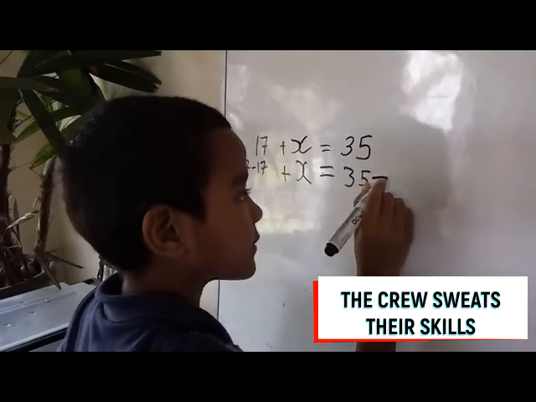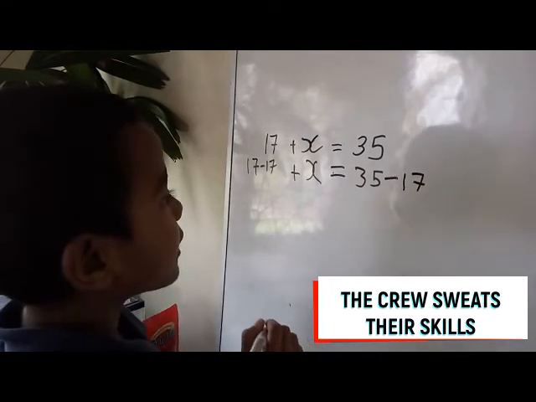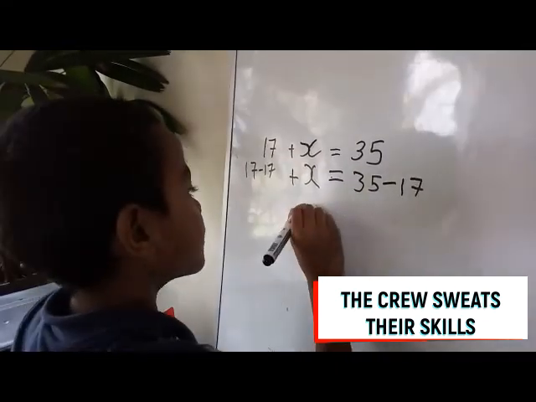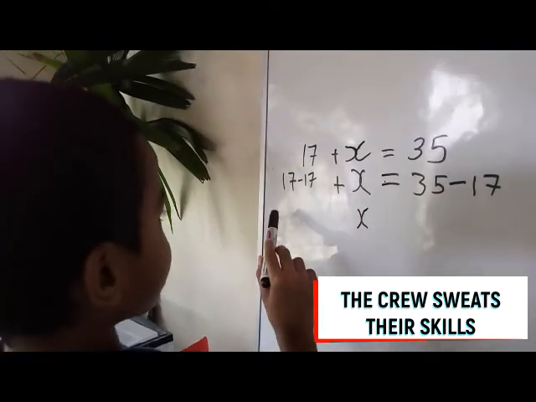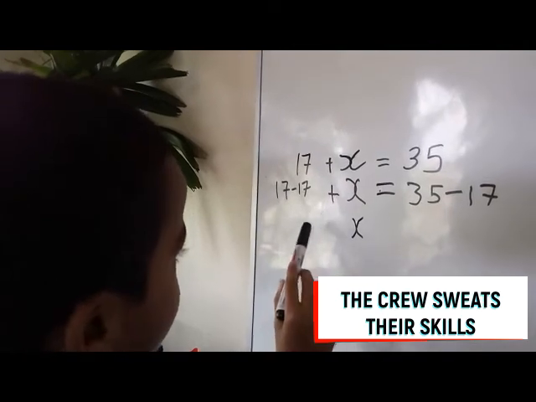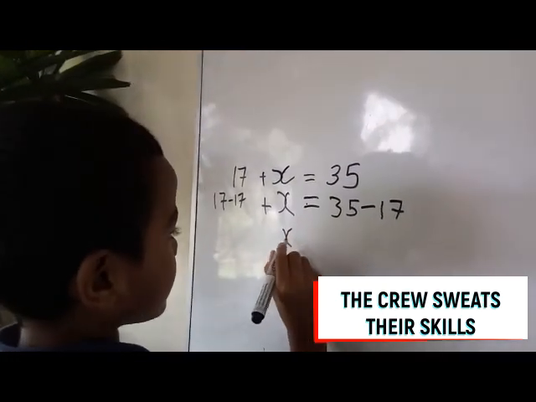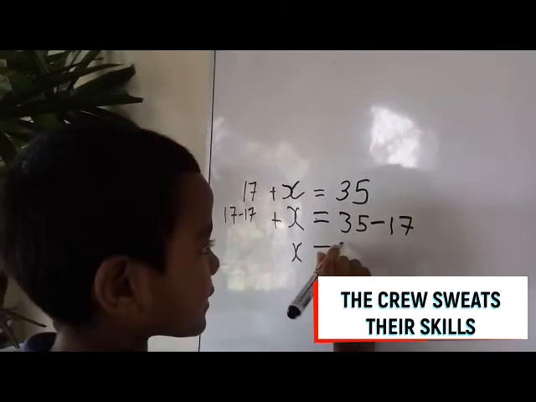So you minus 17 too. And now you want to simplify it. So you want to put x. The reason we have x is because 17 minus 17 is 0. Now you just minus this too, and you get the answer 18.